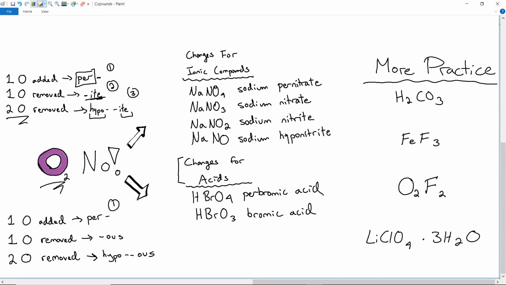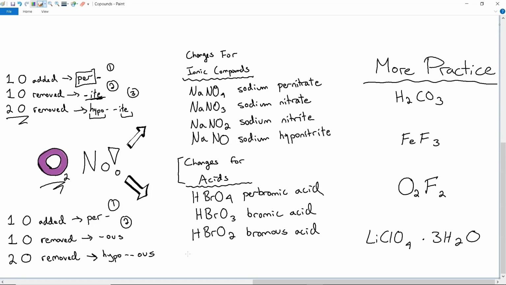Here's where things get a little bit different. Instead of using the ite suffix for ionic compounds, we're going to be using the us suffix for acids. So that's OUS. So bromic acid becomes bromous acid.